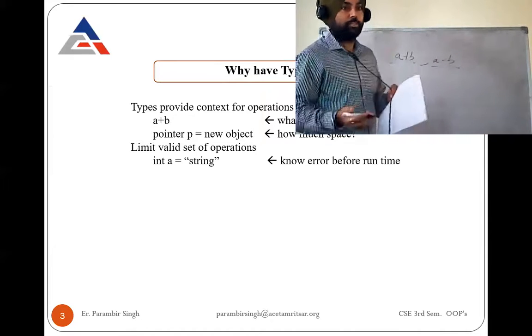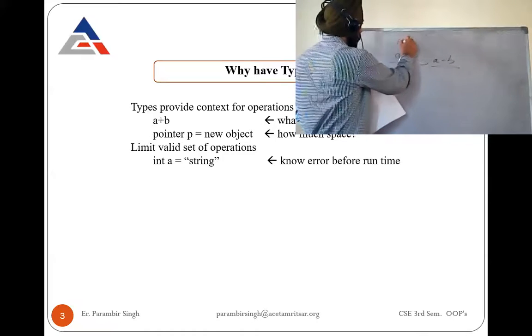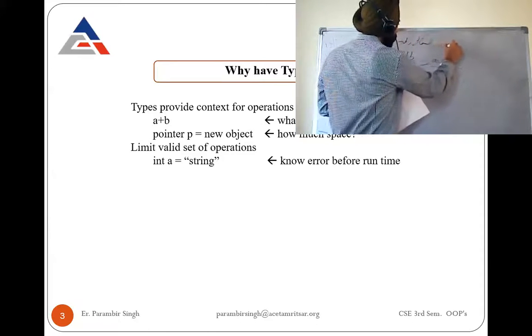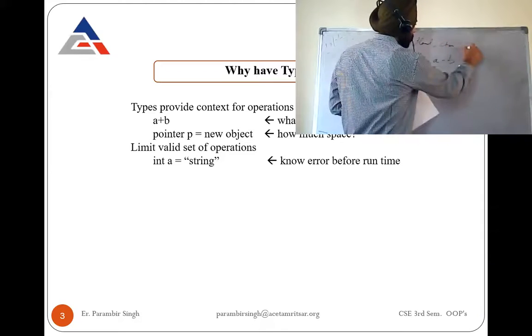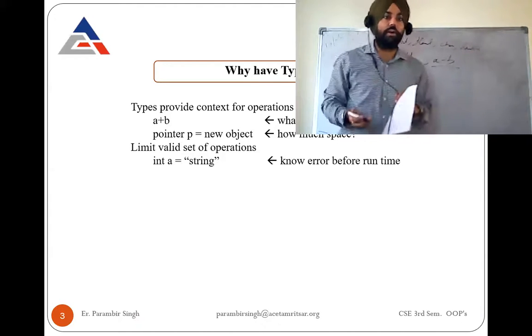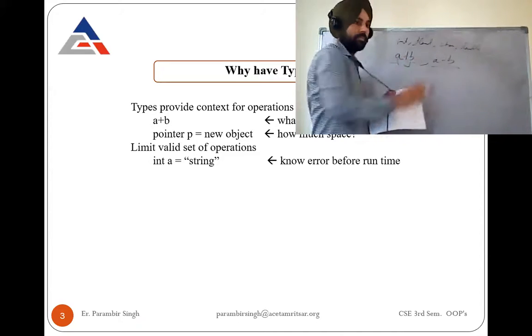What kind of operation are we going to perform, whether it is integer type, float type, character type, or double? That means what kind of addition we want to perform on these particular variables.